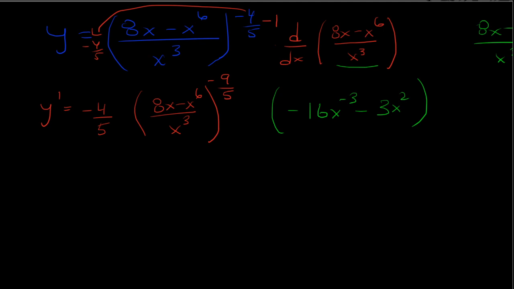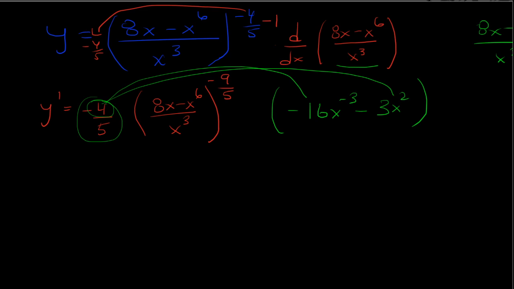Okay, next thing we can distribute out the negative 4/5. Well, I guess we can distribute out the negative 4 first. So negative 4 will go to negative 16x to the negative third and negative 3x squared.